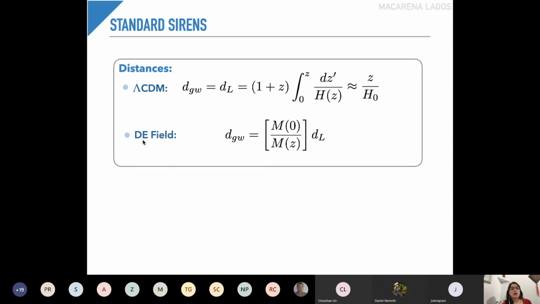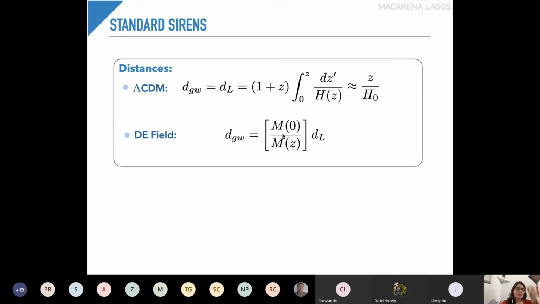Now, if dark energy is not this cosmological constant, and instead you have an additional field in your cosmology, actually this gravitational wave distance is not exactly equal to the luminosity distance. They differ by this factor that corresponds to the effective Planck mass M that I mentioned before at the moment of detection. So this is redshift equal to 0 today. And at the bottom, we have M at the moment of emission. And just as a check, in LCDM, I said this effective Planck mass is just a constant.